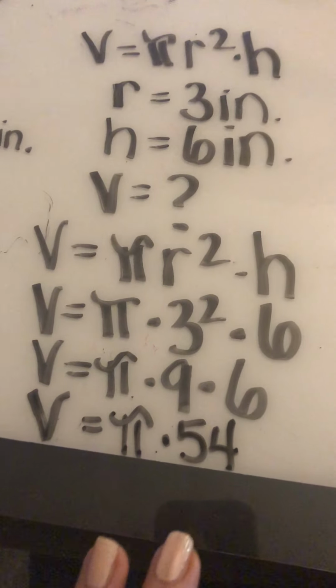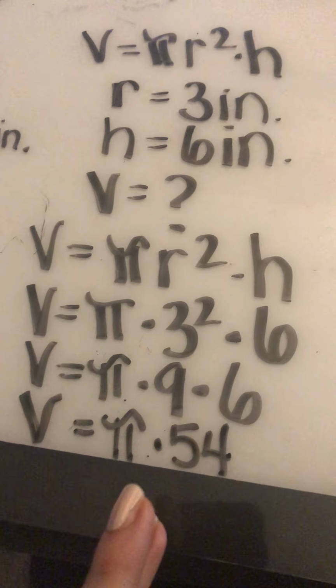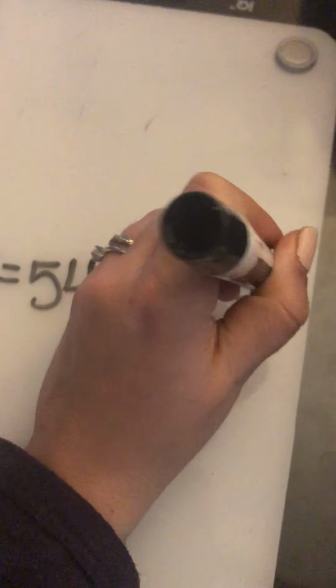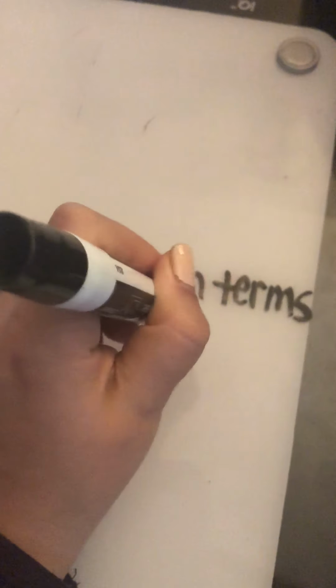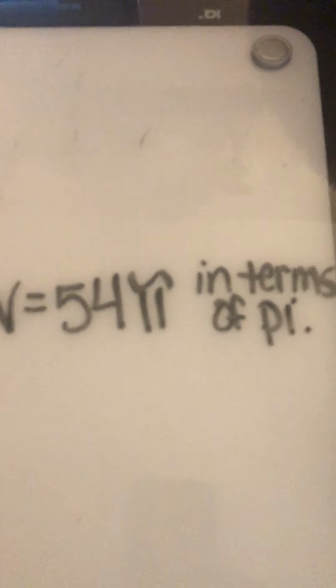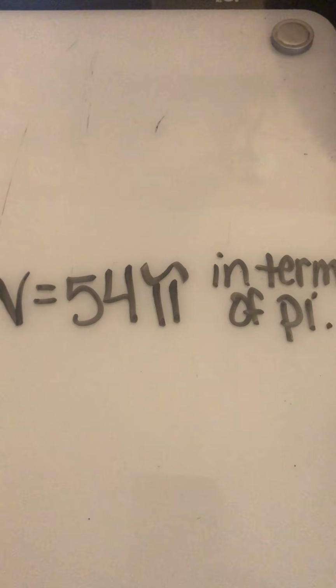Now, using the commutative property, we can switch the order of these, which I'm going to do, because if we write it in that format, 54 times pi, then this is our answer in terms of pi. If you guys remember hearing that when we did volume earlier in the year, sometimes the question asks you for the answer in terms of pi, and that's where you would stop. You would leave your answer as 54 pi.